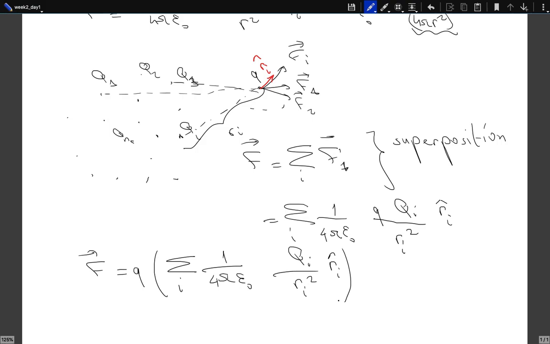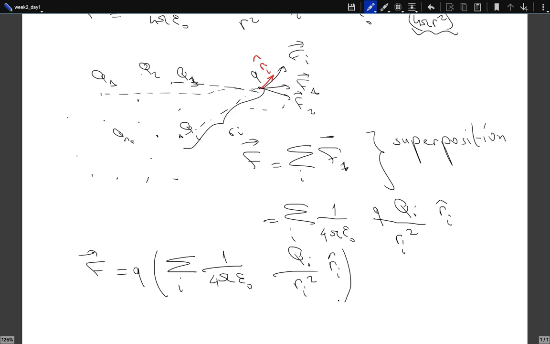Now, what this tells me is that the electric force that a charge feels, remember, I'm writing the force that this charge over here is feeling. This is the force that this charge feels. And the force it feels is always proportional to its charge, multiplied by some other quantity, which is determined by the other charges.